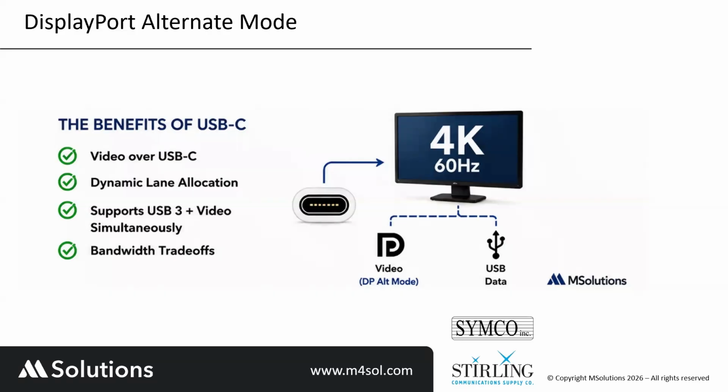When we are assigning 2 lanes for the DisplayPort, 2 of the lanes will be used for USB 3. I know that it is very confusing, because all the time when we're talking about USB-C, we're saying we can support video, we can support data.